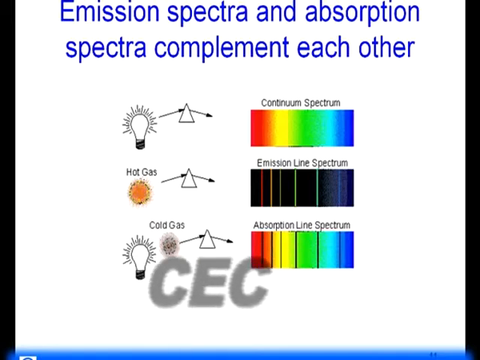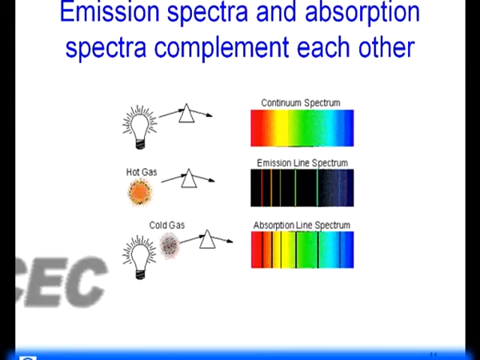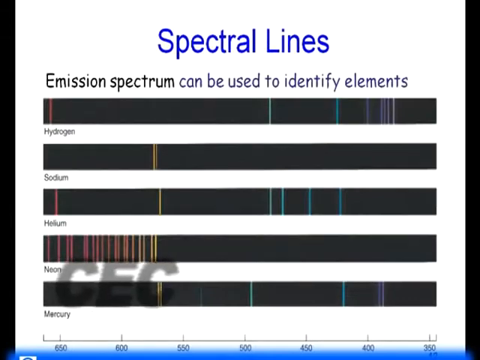The important thing to observe is that the wavelengths of the emission line spectra and the absorption line spectra exactly match each other. What this implies is that from the higher energy level to the lower energy level, or from a lower energy level to a higher energy level, the same amount of energy is required, and this means that the energy levels are fixed.